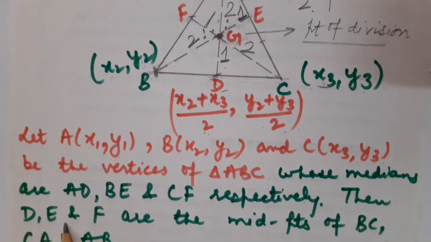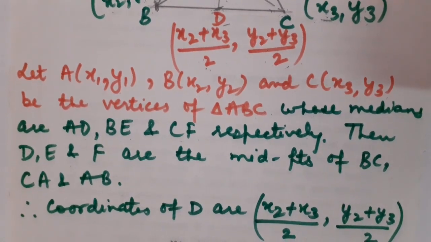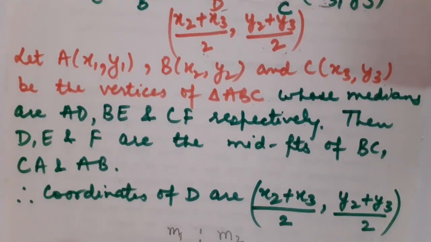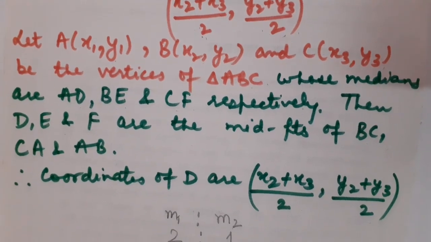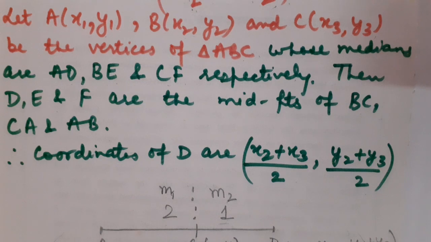Then of course D, E and F are the midpoints of BC, CA and AB respectively. I have just calculated the coordinates of point D, which is the midpoint of BC. Fine.